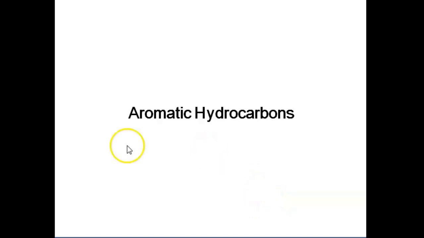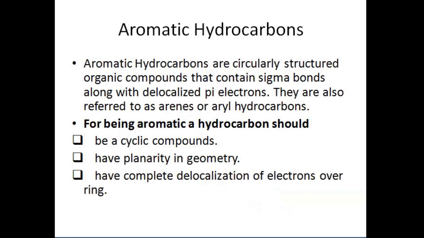Aromatic hydrocarbons. Aromatic hydrocarbons are circularly structured organic compounds that contain sigma bonds along with delocalized pi electrons. So, they are also referred to as arenes, or sometimes called aryl hydrocarbons.